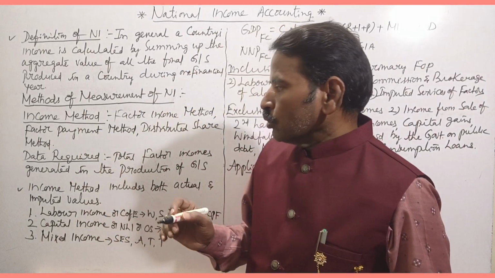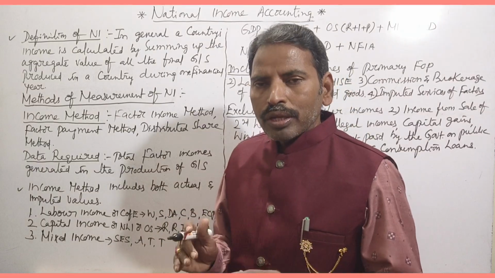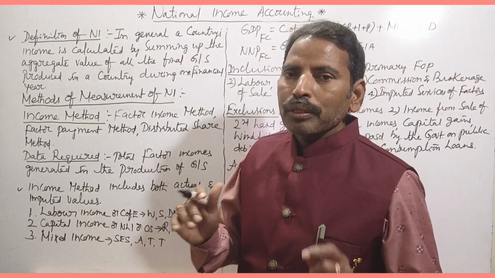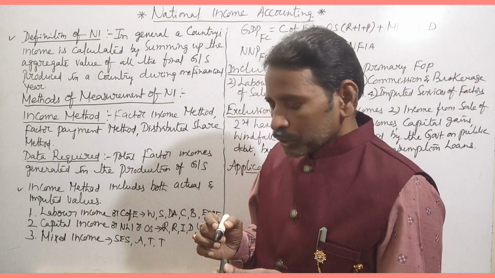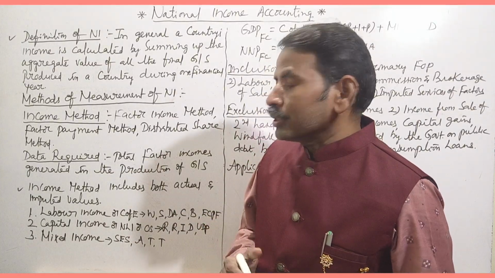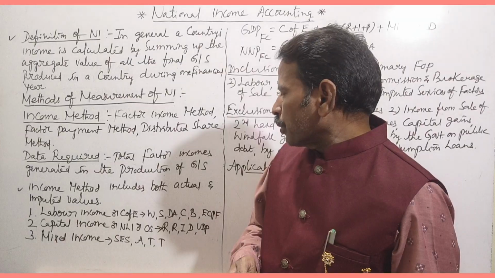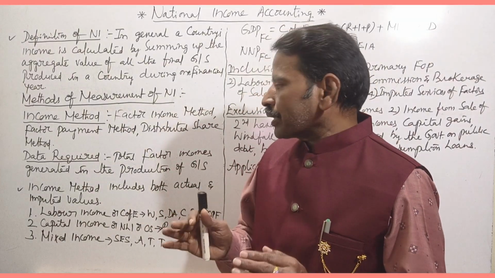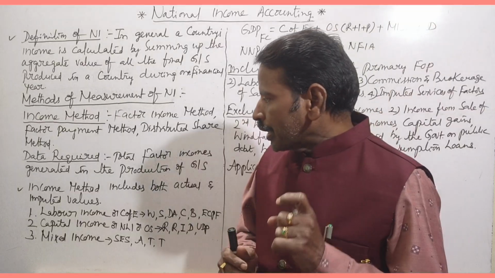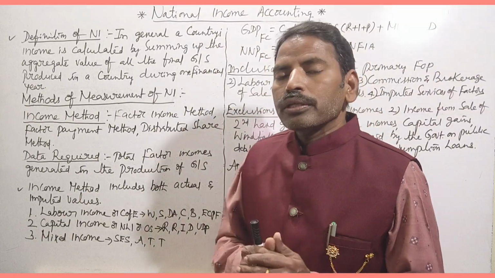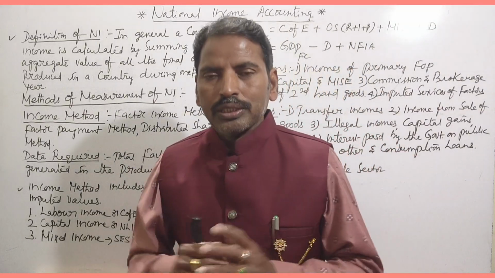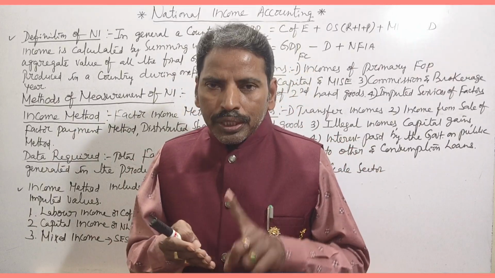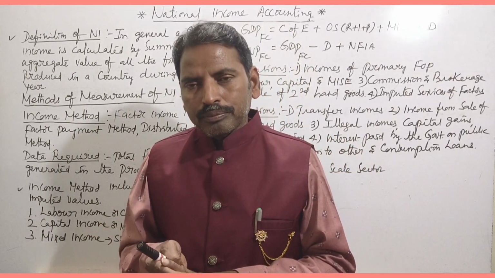Next, what is the data required to calculate national income through the income method? It is the total factor incomes generated in the production of goods and services. Think wages, rent, interest, and profits.